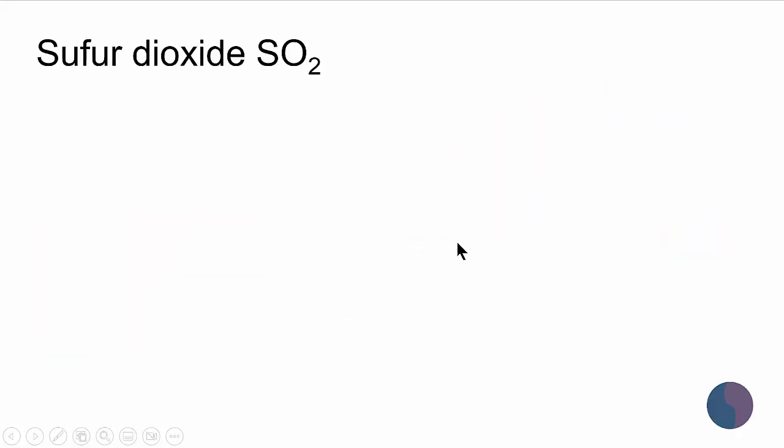Sulfur dioxide, again a tricky one, because you've got to work out if there are any lone pairs there. So how many is that? 1, 2, 3, 4, 5. 1, 2, 3, 4, 5, 6. 2, 4, 6, 7. Put a double bond on there. 2, 4, 6, 8.